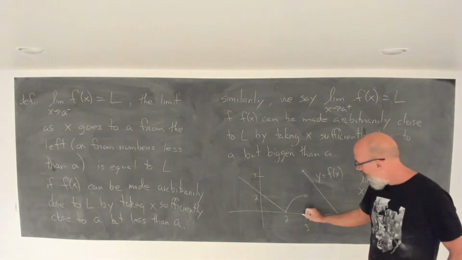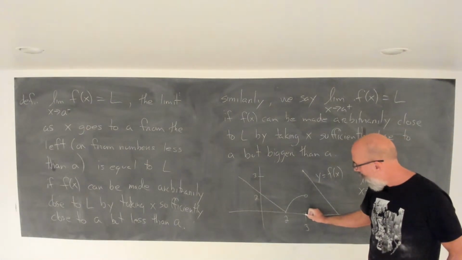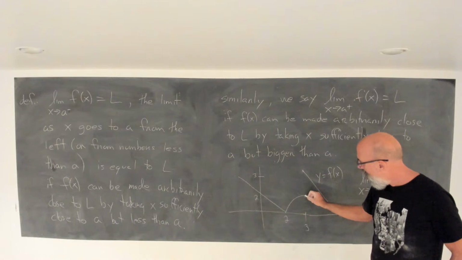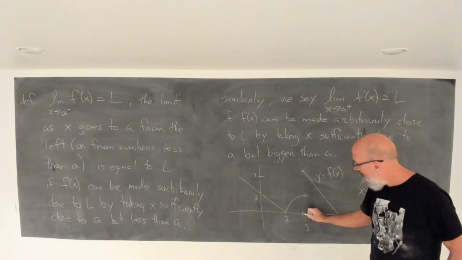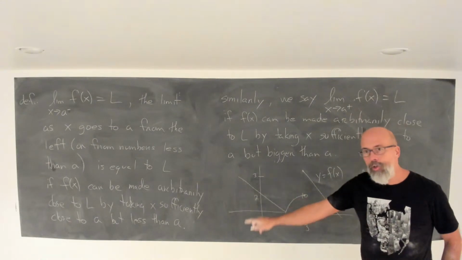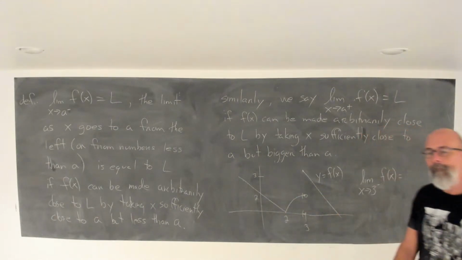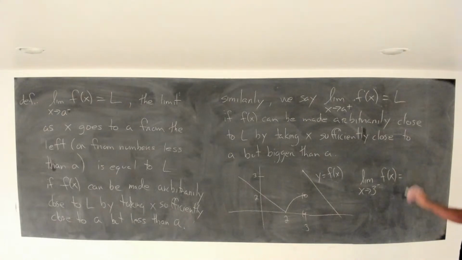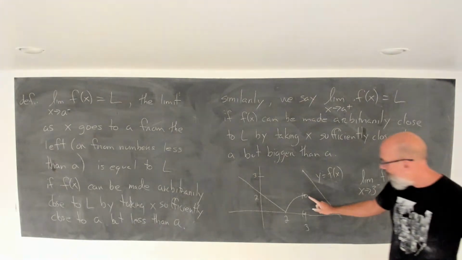So if you take values very close to 3 but less, what is the behavior of the function? These values get mapped to stuff in here, very close to 2. I'm sure you know that, right? And it's clear from the graph.